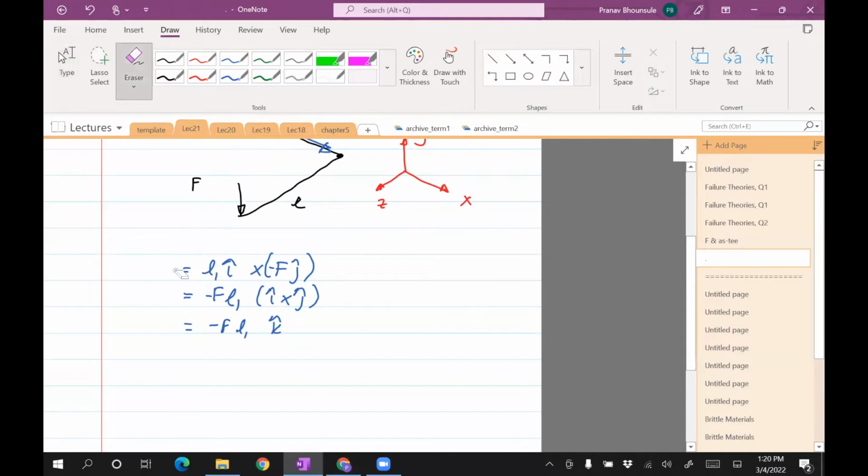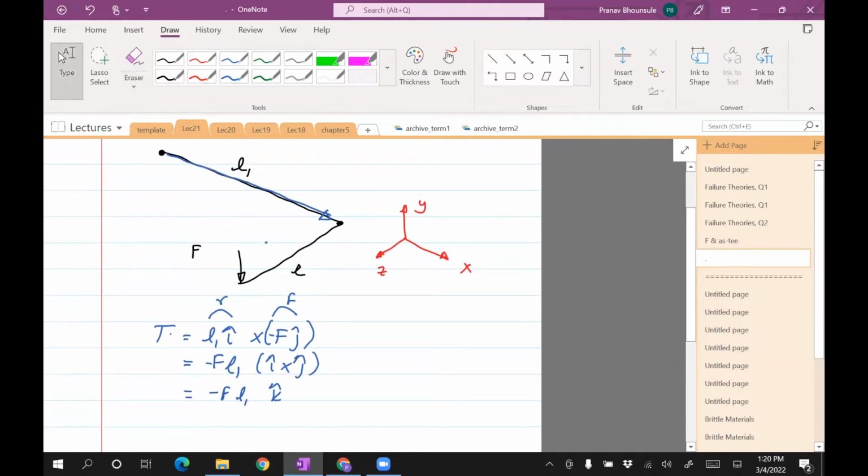So this is the torque. This thing is r, this thing is F. And so you see that it's along k, so I can show it here. Since it's along negative k, I need to draw it in this fashion, because when you curl the fingers of your right hand from left to right, your thumb will point in this direction.